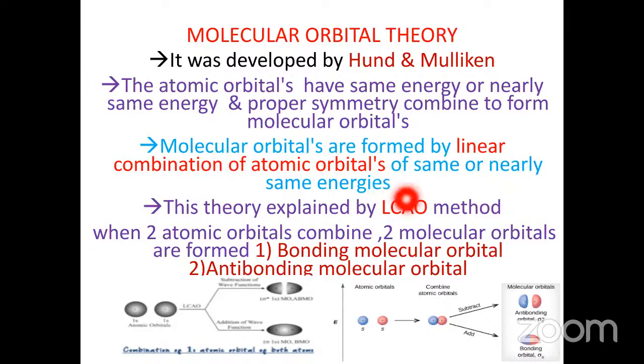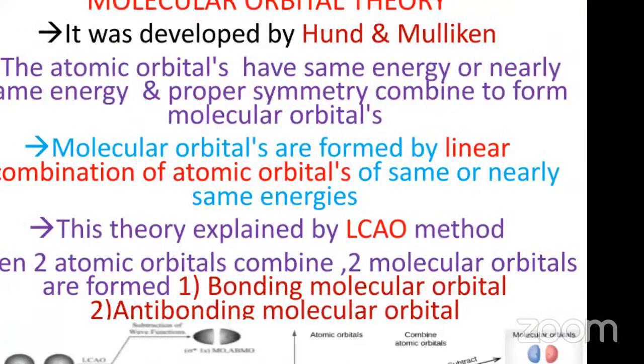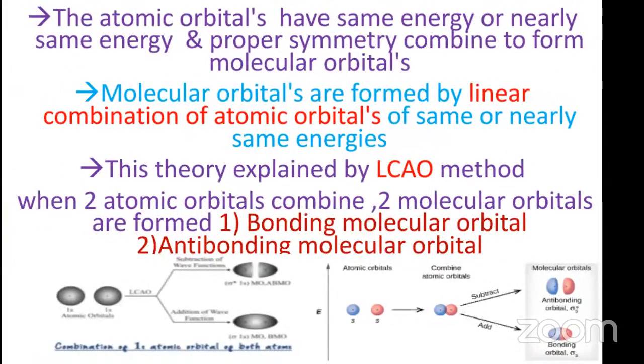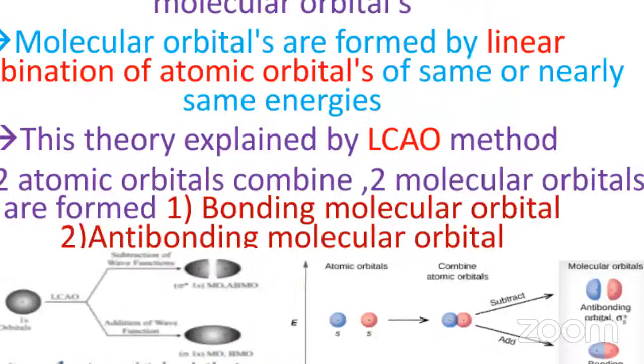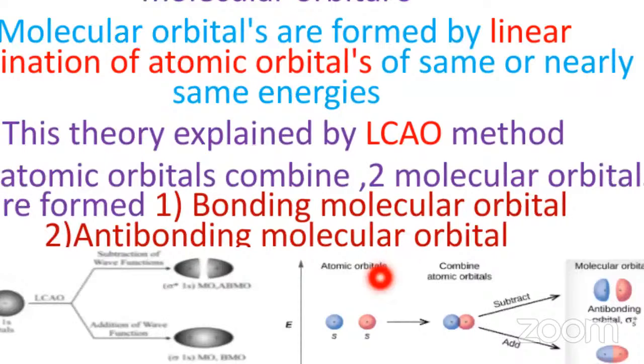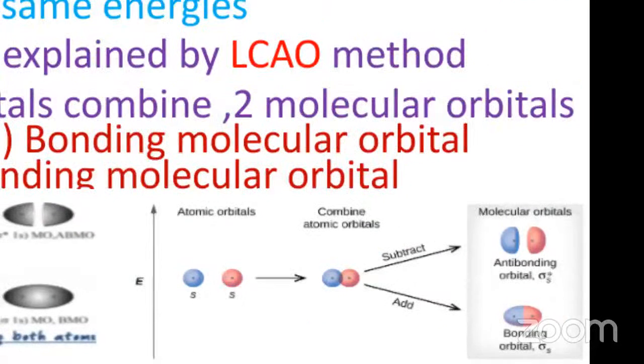Whenever two atomic orbitals combine, they form two molecular orbitals: one is a bonding molecular orbital and the other is an anti-bonding molecular orbital. If you observe here, these s atomic orbitals combine through the LCAO method to form the bonding molecular orbitals and anti-bonding molecular orbitals.